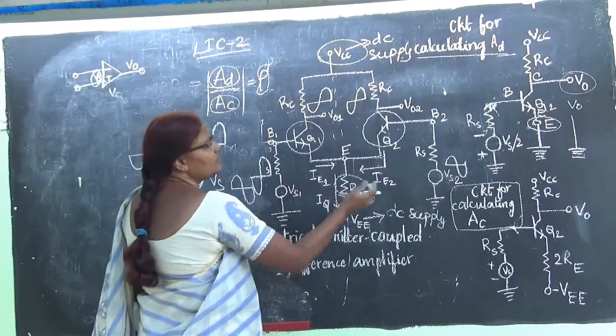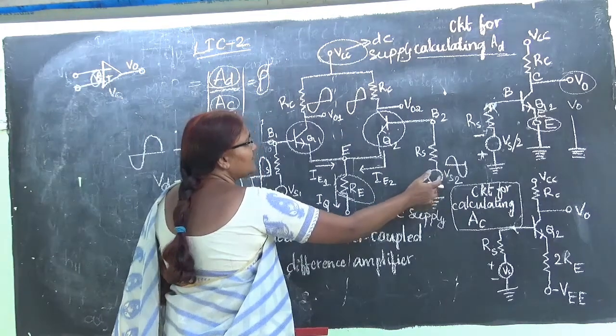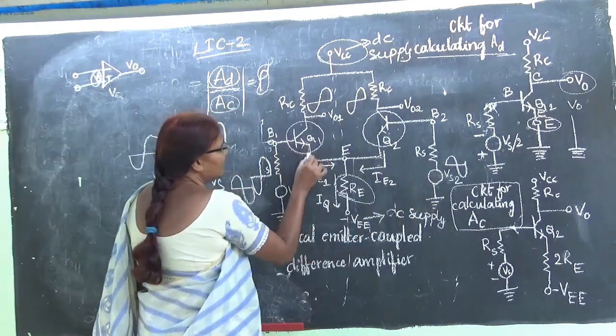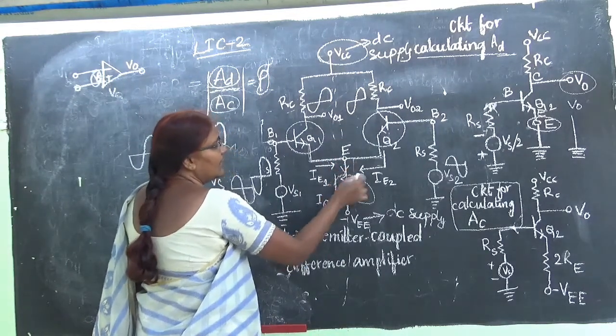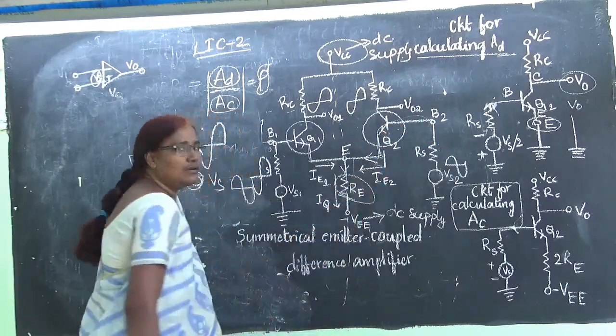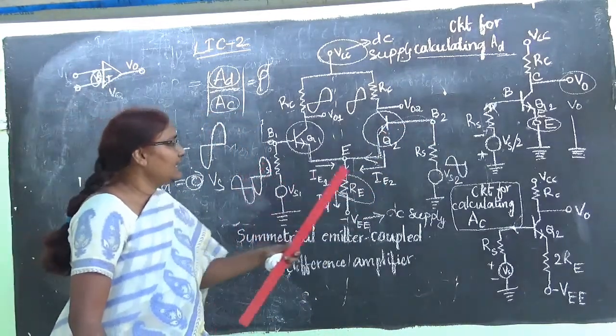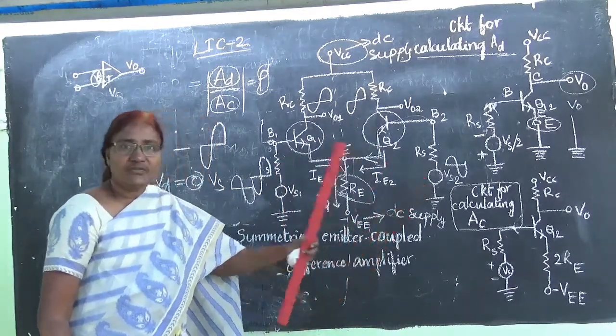So what happens? What you have to consider? You have to consider some current flowing in this direction, and some other current flowing in this direction. Now, because I am applying different polarities at the input, different currents will flow.